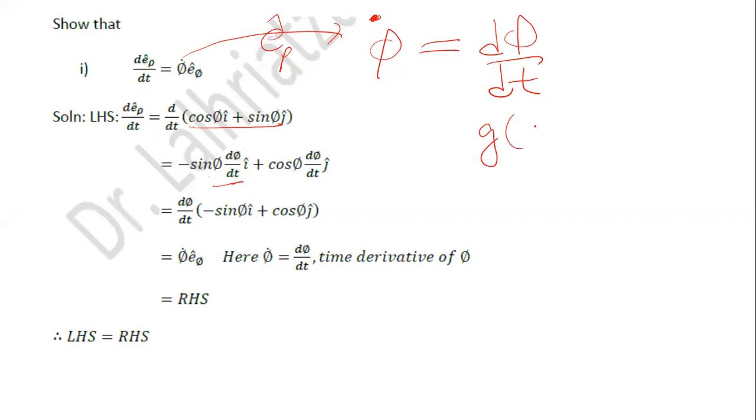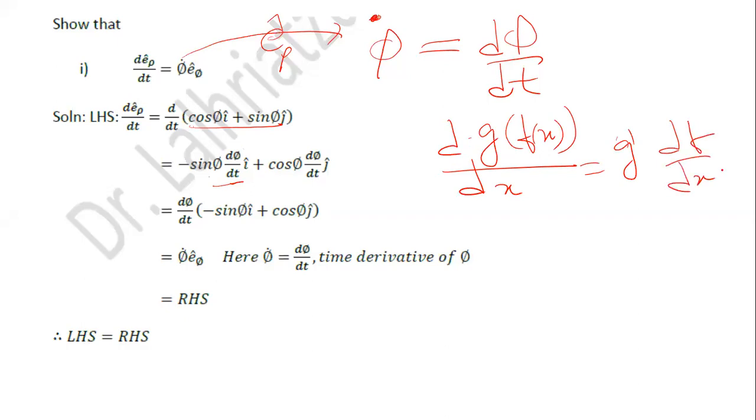If you have a function of functions, and you differentiate this function with respect to x, differentiate this first, and then differentiate the inner function again. That's how we do differentiation of a function of a function. So if phi is a function of time, cosine phi is a function of phi, so differentiation of cosine phi is minus sine phi.